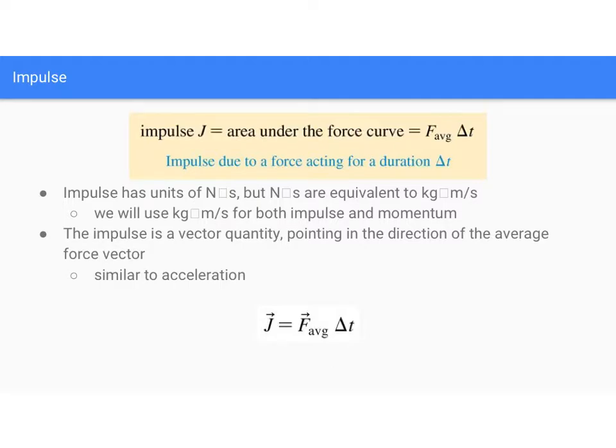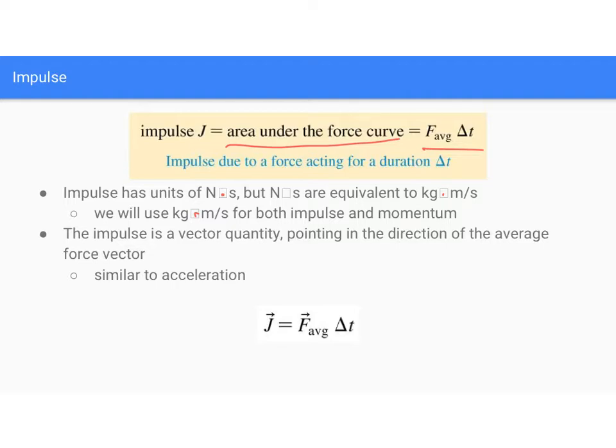So our impulse is the area under the first force versus time curve, or it's the average force times the time. Sorry for these boxes, but impulse has a unit of Newton seconds, which is also a kilogram meter per second. So we'll use kilogram meter per second for both impulse and momentum, and that'll make more sense when we talk more about momentum.